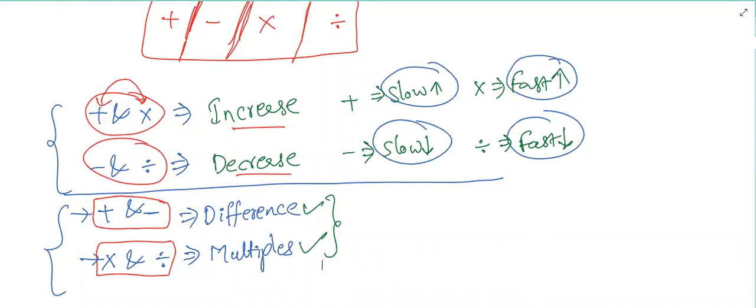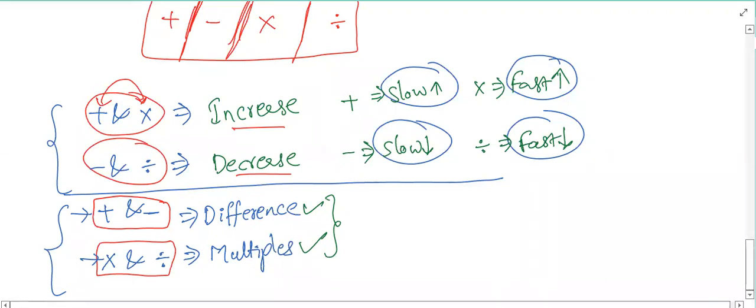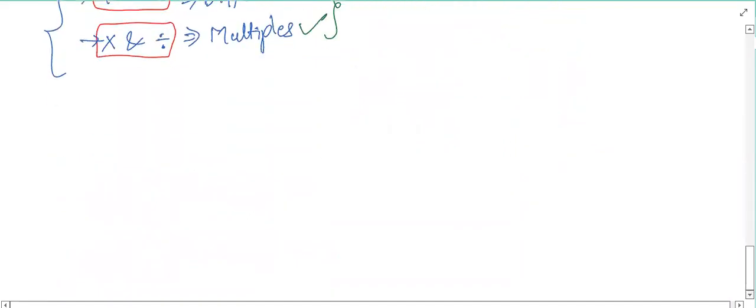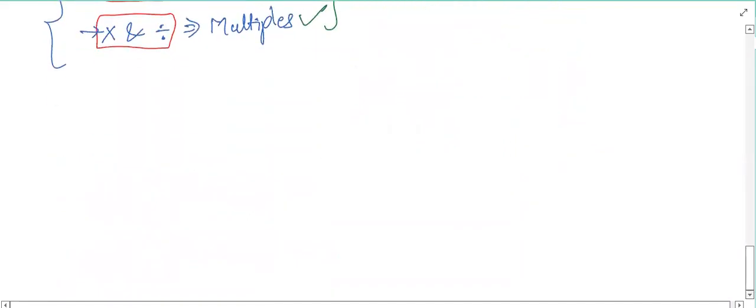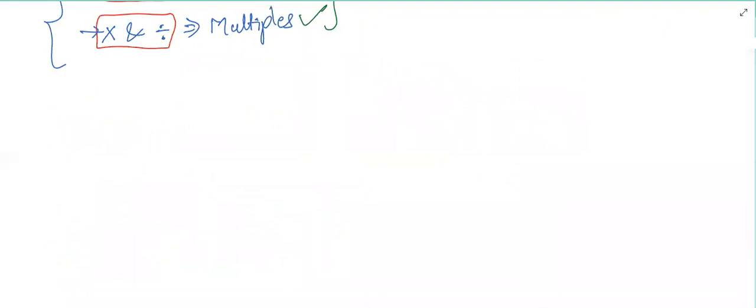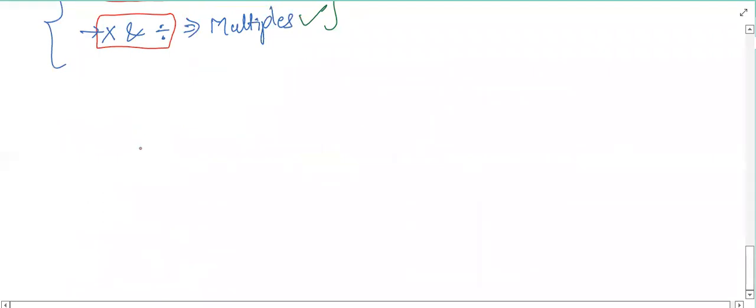Because it can increase fast, sir. Let me tell the point. Suppose some numbers are given and we need to find the last number.